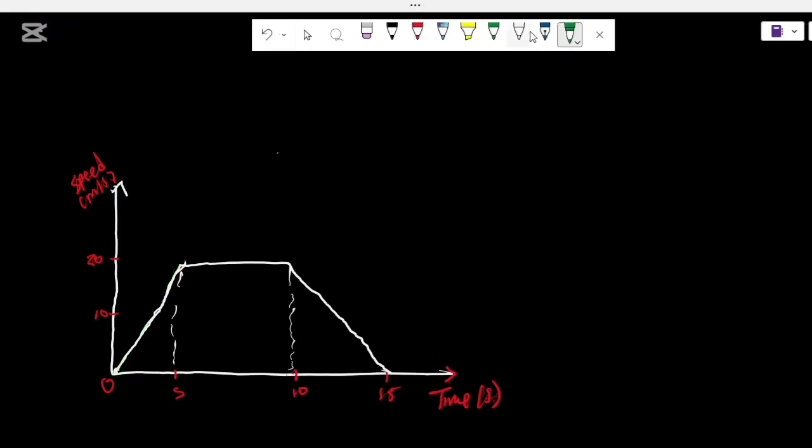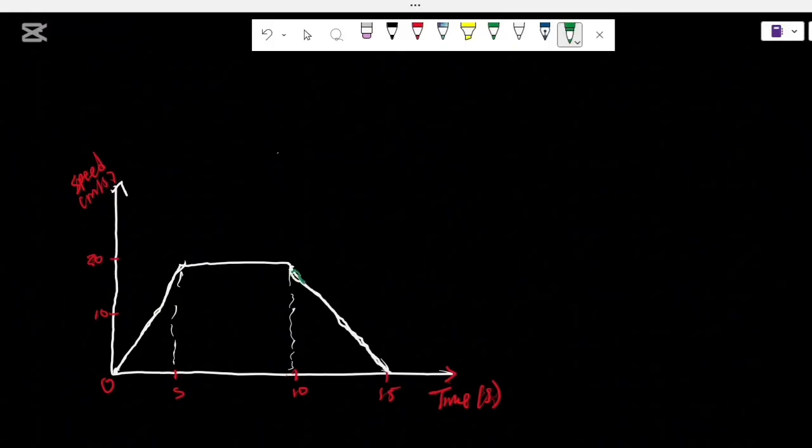Now, here when you look at this point here, the velocity starts to decrease significantly until it comes to rest at the 15th second. Notice that the velocity is decreasing.